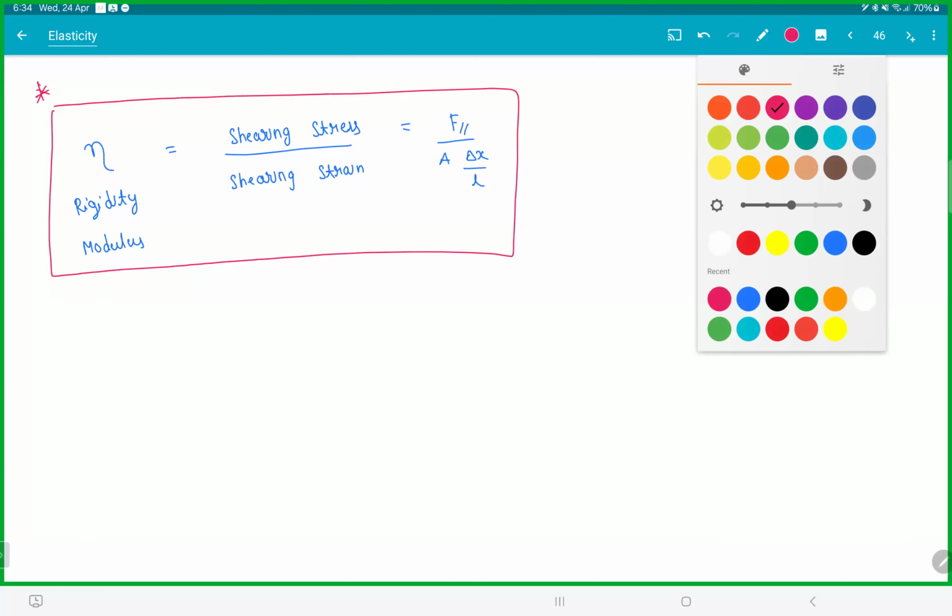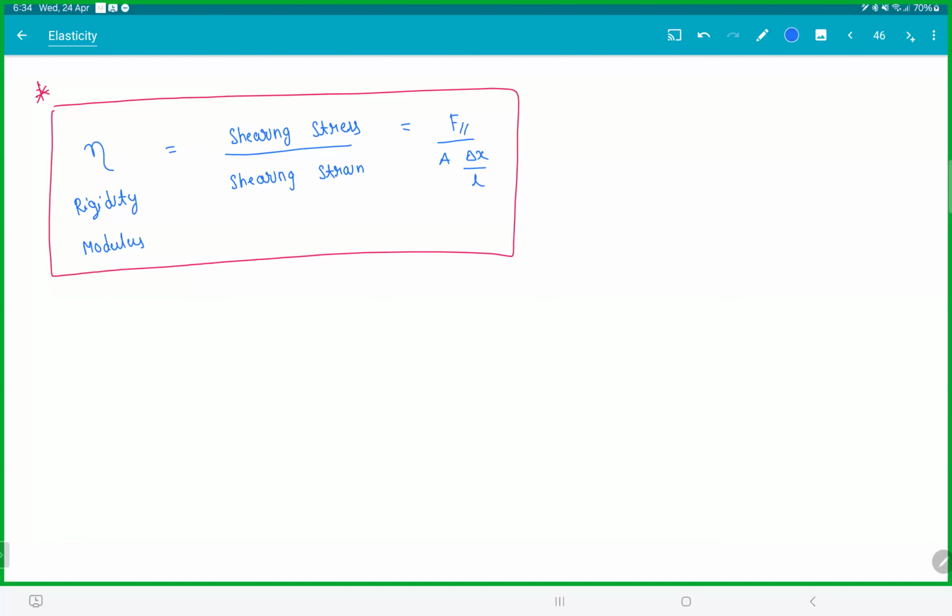So the higher the rigidity modulus, the more difficult it is. Think of it like this: a plastic sheet is more difficult to tear, but it is easy to stretch. A plastic sheet has less rigidity modulus compared to paper.